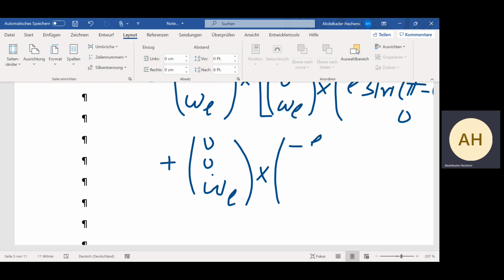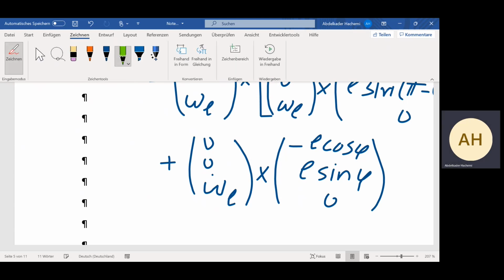If we decompose it, it is minus L cosine phi, L sine phi, and 0. Then this one is only the green one.